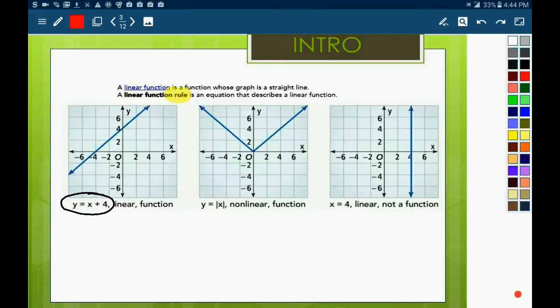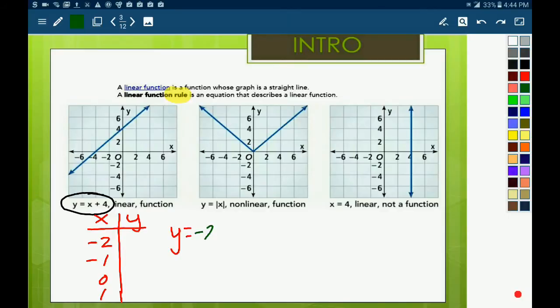If I were to create a table from that equation and just generate some inputs, let's say I want to know what the outputs are when the inputs are -2, -1, 0, and 1. So if I were to plug -2 in for the x in this equation, and actually I'm going to color code this just so you can see exactly what I've plugged in.